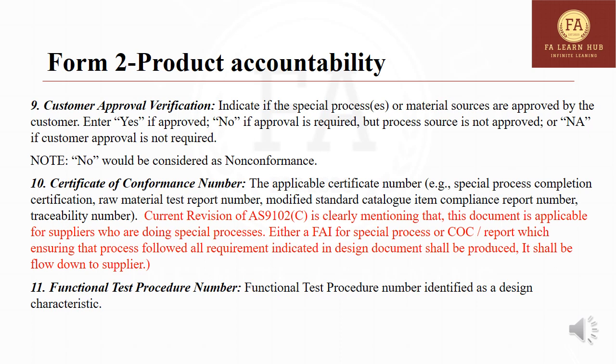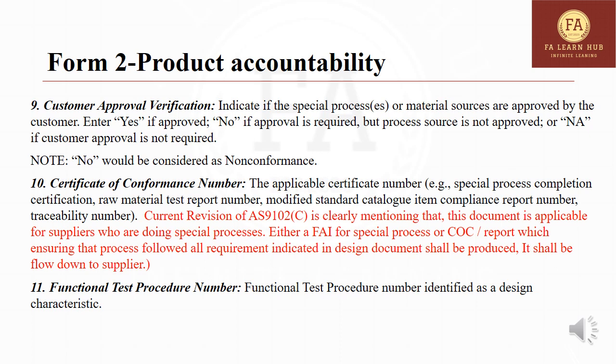The current revision of AS9102C clearly mentions that this document is applicable for suppliers who are doing special processes also. Either FAI or special process or COC or a test report, which ensures that the special process, whatever it is, is meeting all the design requirements.